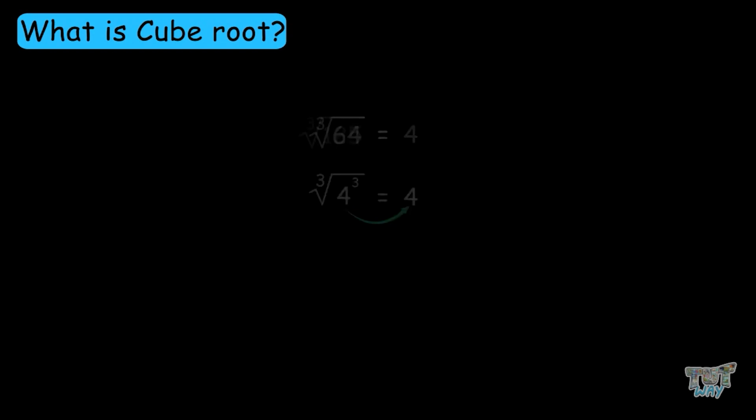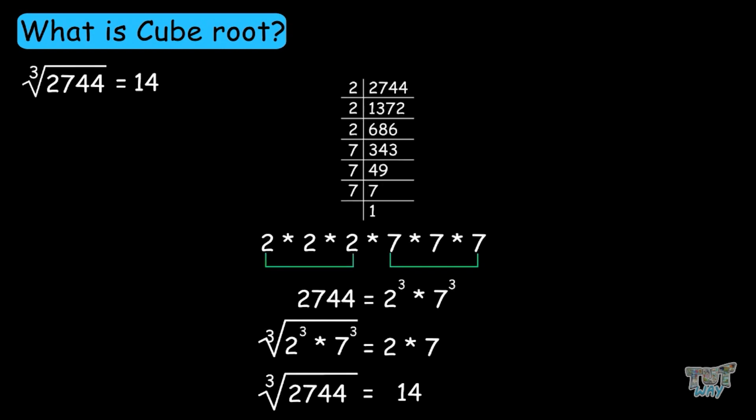Cube root of 125 is 5, because 125 can be written as 5 raised to the power of 3. For example, 2744 can be written as 2 raised to the power of 3 multiplied by 7 raised to the power of 3. So 2 and 7 come out of this, and the cube root will be 14.